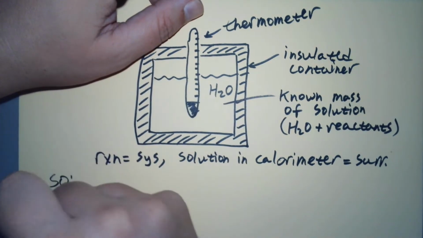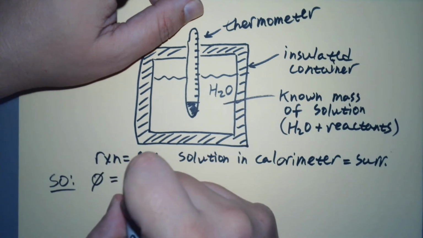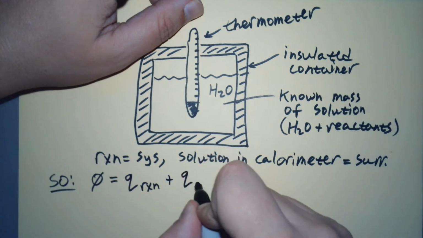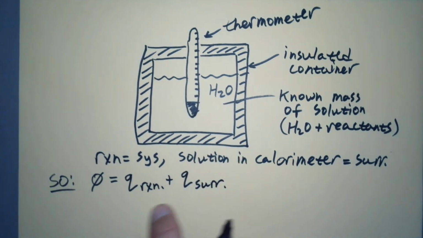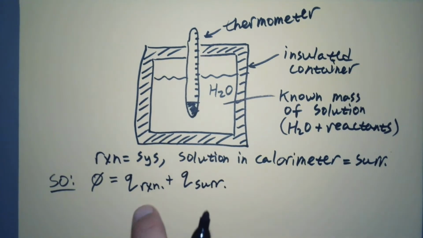And so what we're doing is creating a situation where 0 is equal to the sum of our change in heat of reaction plus the change in heat of surroundings. So if the surroundings gains heat, the reaction lost heat. If the surroundings lose heat, it was taken by the reaction. Okay?